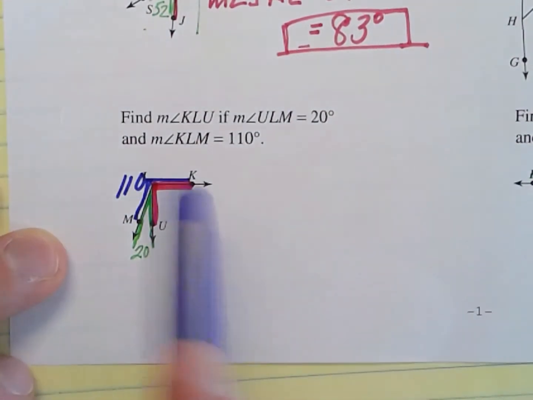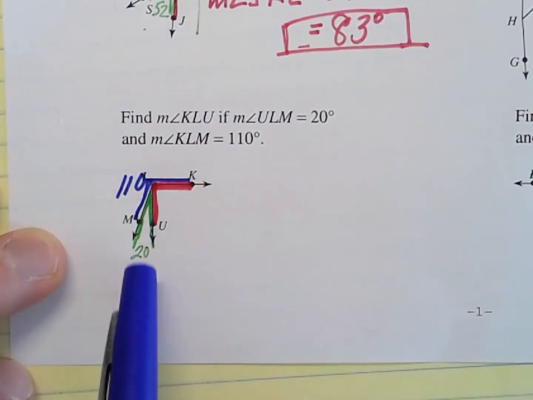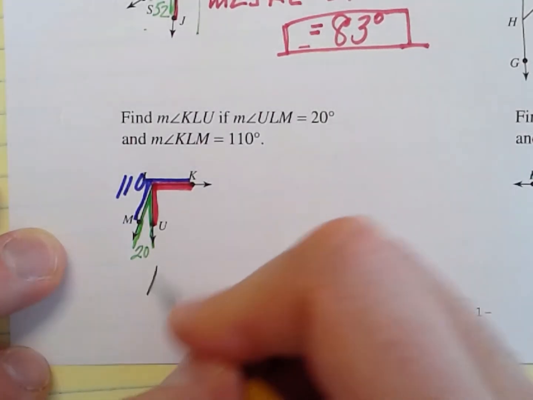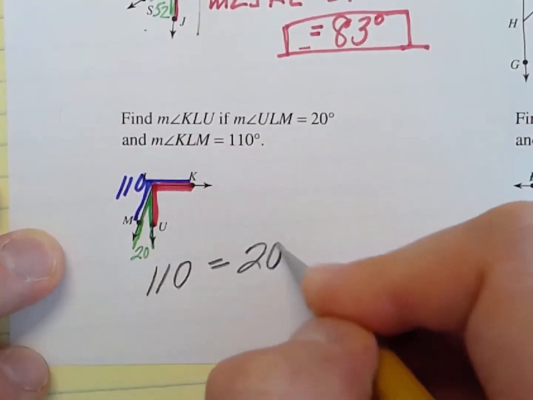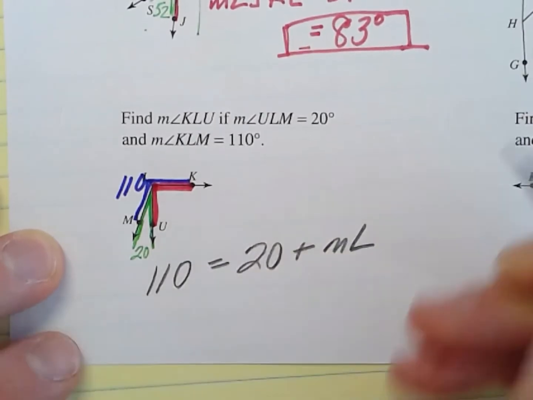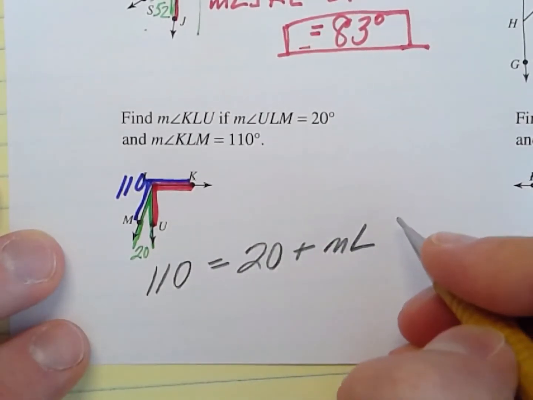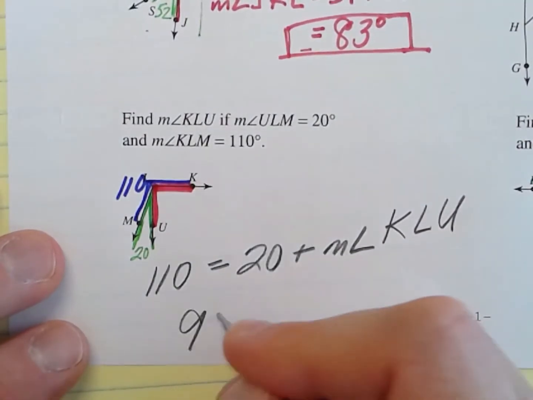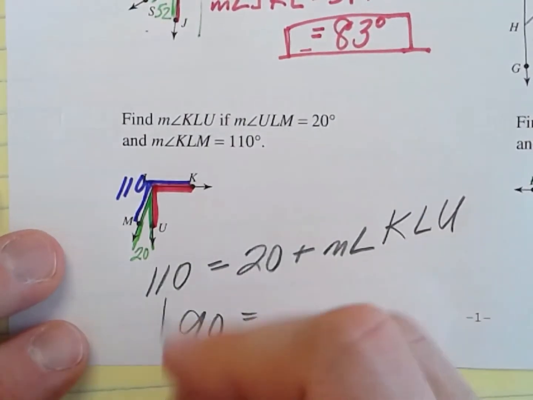Okay, so 110 is the same as this 20 plus the red angle that we want. So 110 equals 20 plus the measure of angle KLU that we want. If we subtract 20 from both sides, we quickly get an answer of 90.